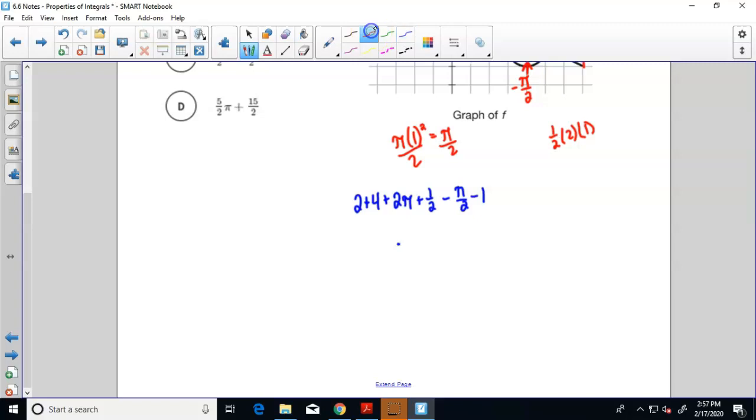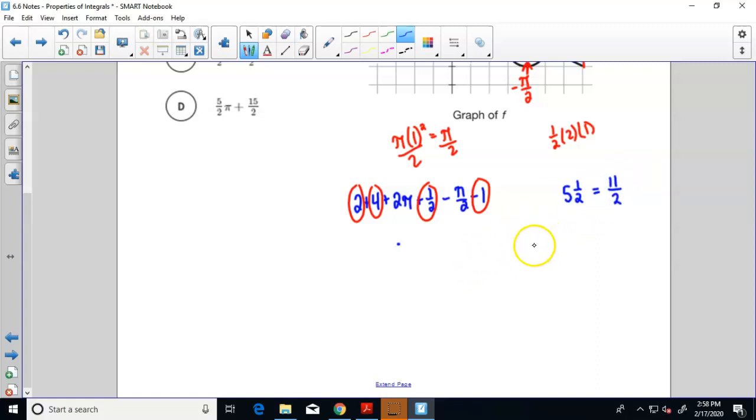If we take all of our constants here, we've got 2 plus 4 plus 1/2 minus 1. So that's going to be 6.5 minus 1, which is going to give us 5.5, but they don't like to leave it like that. So that is probably going to be 11 over 2.